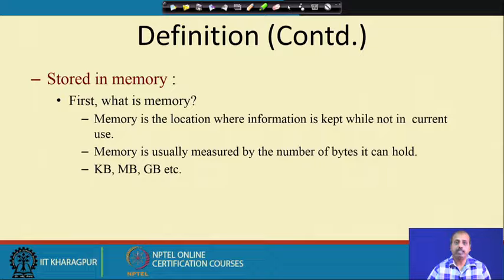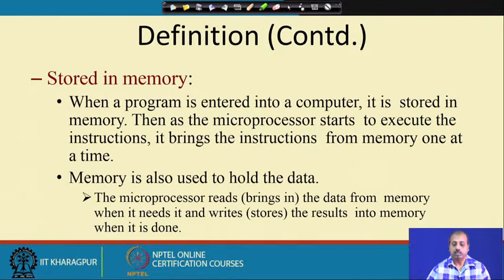The processor gets instructions and data from memory and operates from there. That is the term stored in memory. When a program is entered into a computer, it is stored in memory, and the microprocessor starts to execute the instructions, bringing them from memory one at a time.